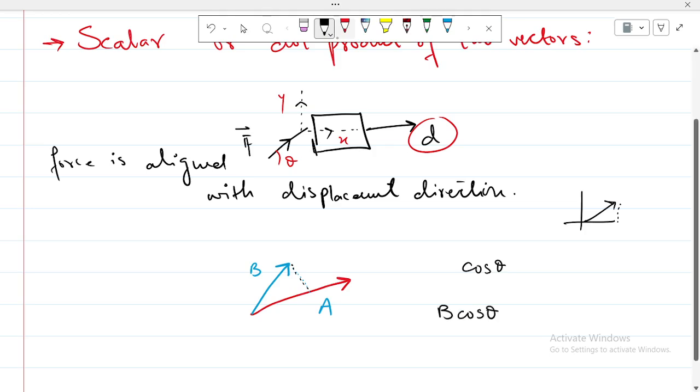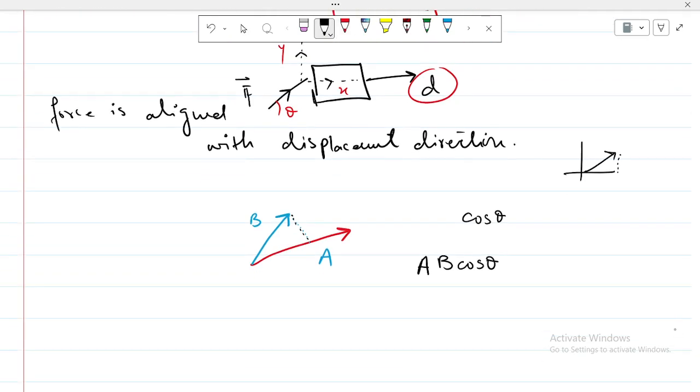But since we are seeing this projection onto vector A, we multiply the magnitude of A as well. So the projection of B onto A is given by AB cos theta, where B cos theta was simply the amount of projection of B onto A. But since we are seeing the projection onto A, the magnitude of A needs to be multiplied as well.